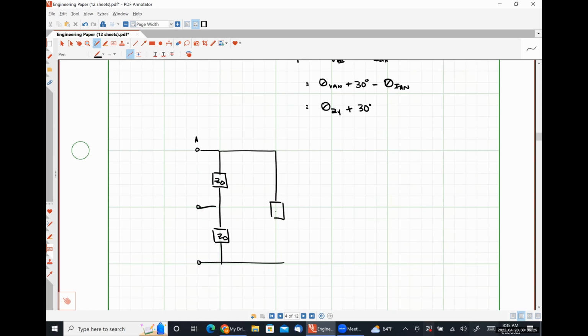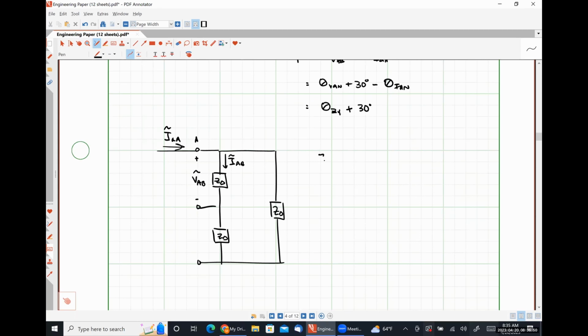And a third Z delta. Here's our voltage VAB. Here is our phase current IAB. Here is our line current IAA, right?